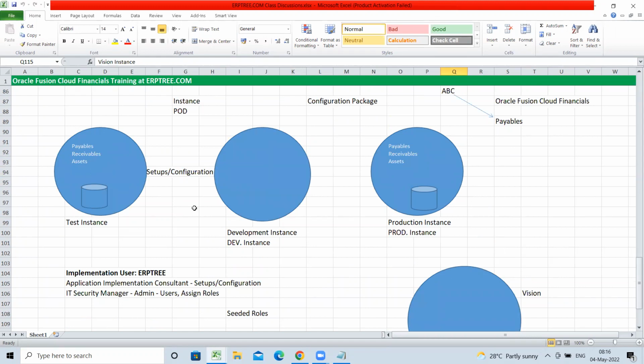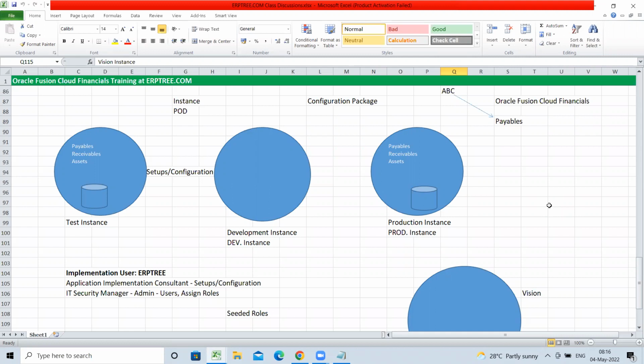But still, you can find sample data in this, because we are testing in that instance, so the sample data will get generated. Lakshman, in cloud, how frequently are the prod and test instances cloned?